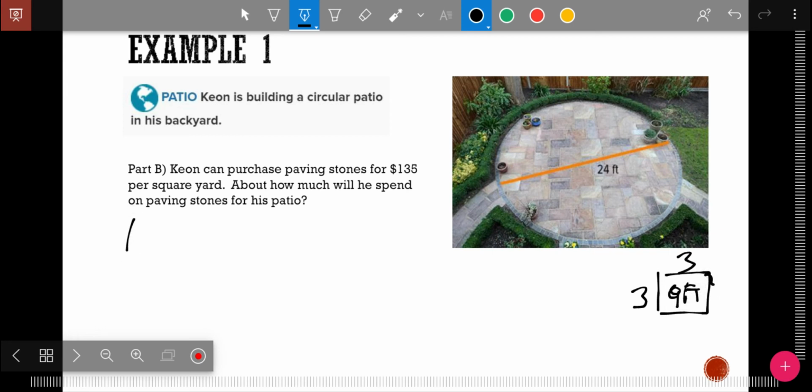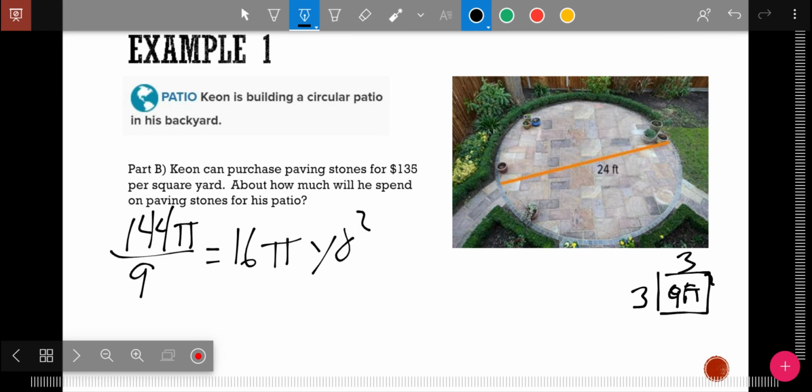So I've got to take that 144 pi that we had for the exact area and divide it by 9. And so 144 pi square feet is 16 pi square yards. And so now I want to do 16 pi times 135.